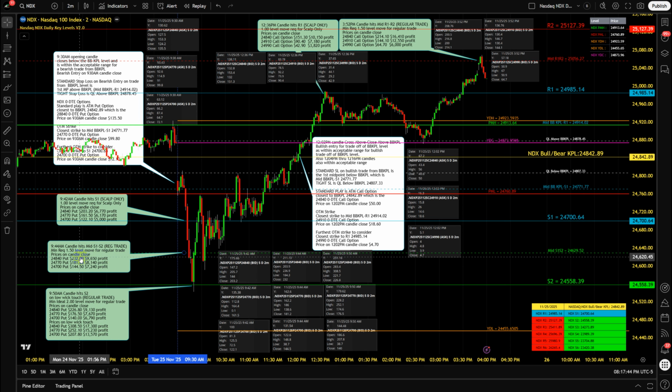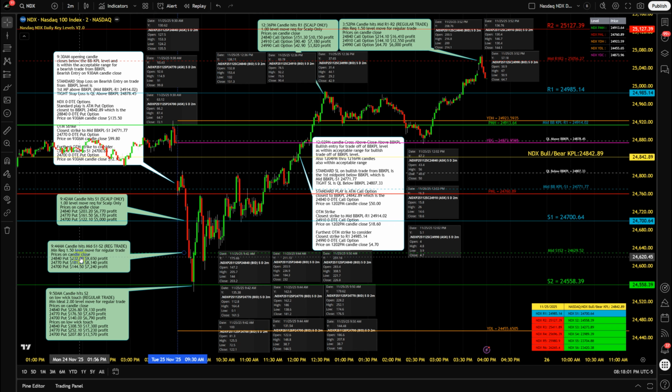Or if you're trading multiple contracts, then you close 70 to 90% of them, and then you can adjust your stop loss to break even, or break even plus a 10 to 15% initial profit buffer on the remaining contracts.